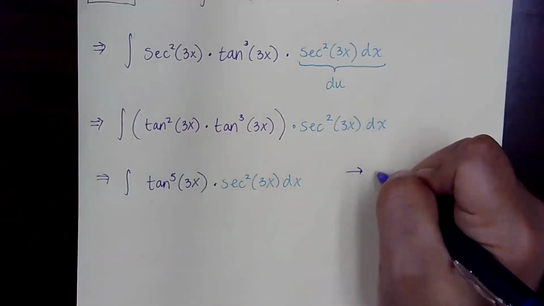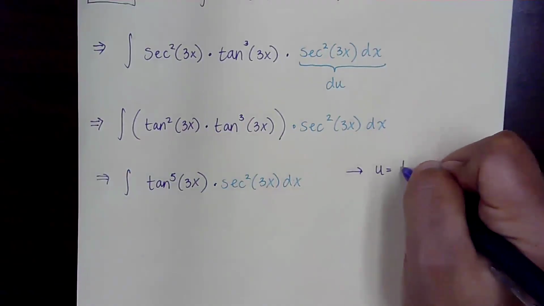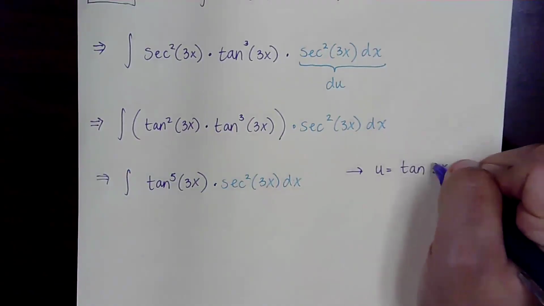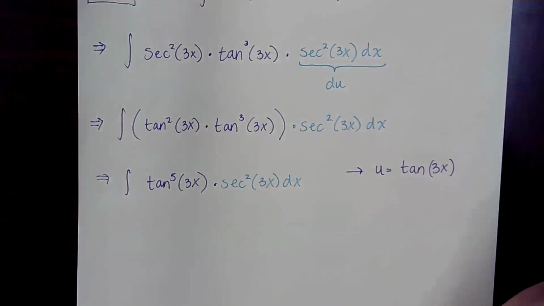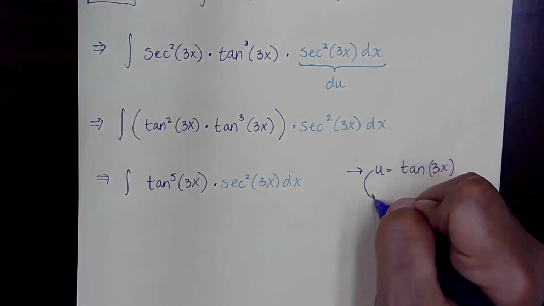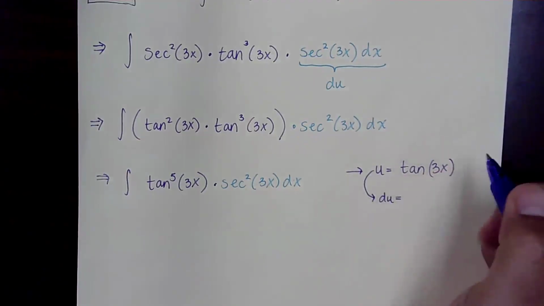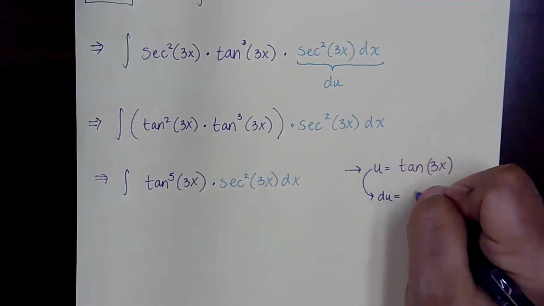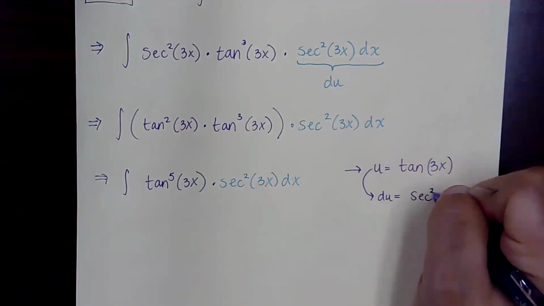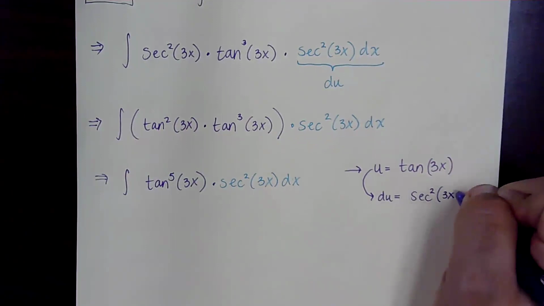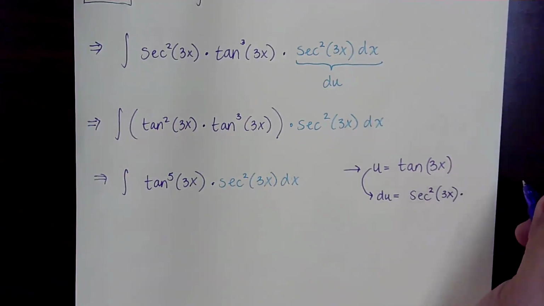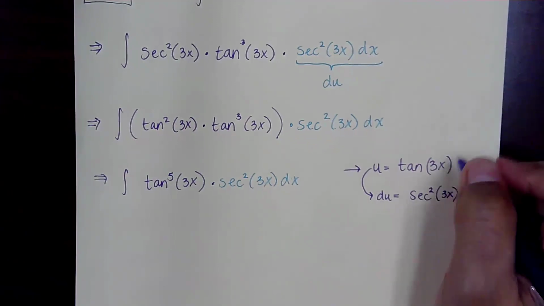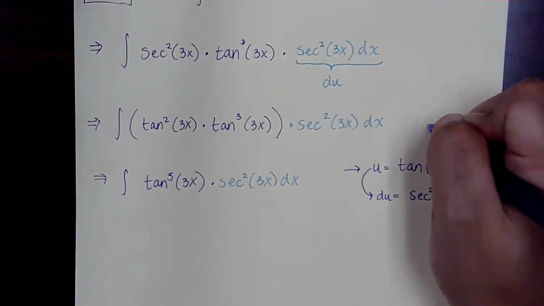So we're going to go over here and say u is equal to tangent 3x. That means that du is going to be the derivative of this, which would be secant squared 3x times, remember the chain rule here.